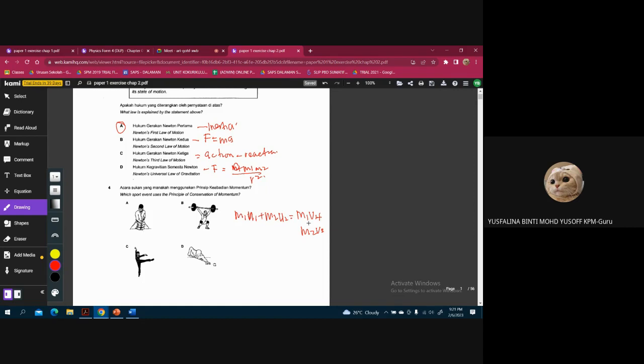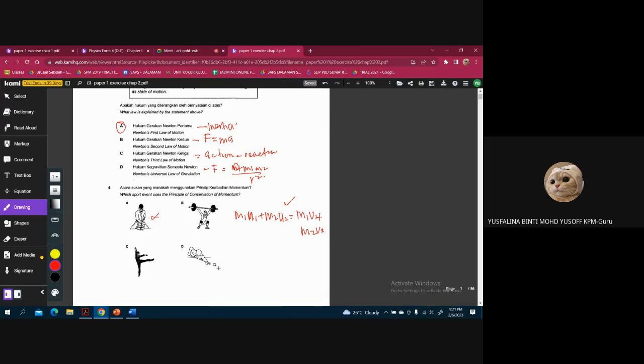This is elastic collision, right? If elastic, m1 plus m2 times v. Which option has the principle of conservation of momentum? This is actually the impulsive force, right?